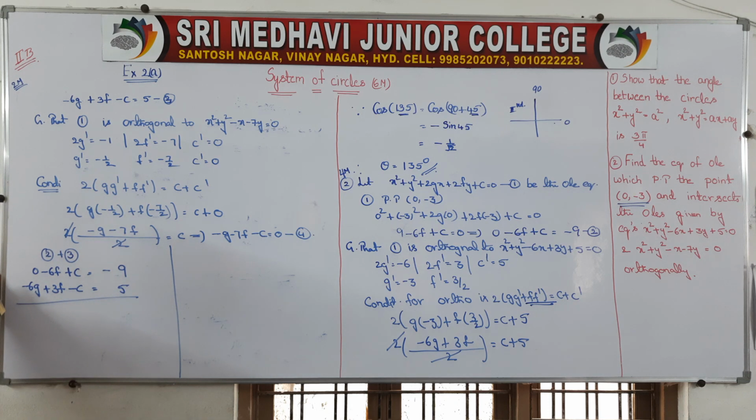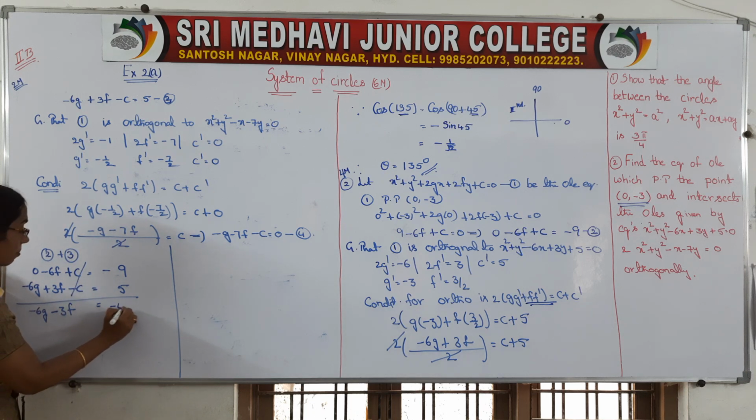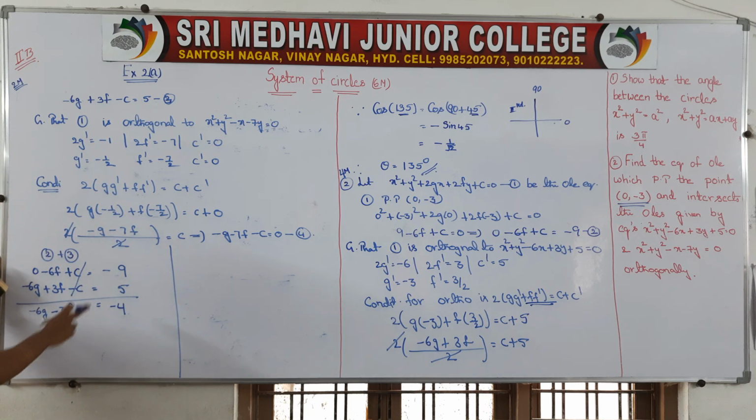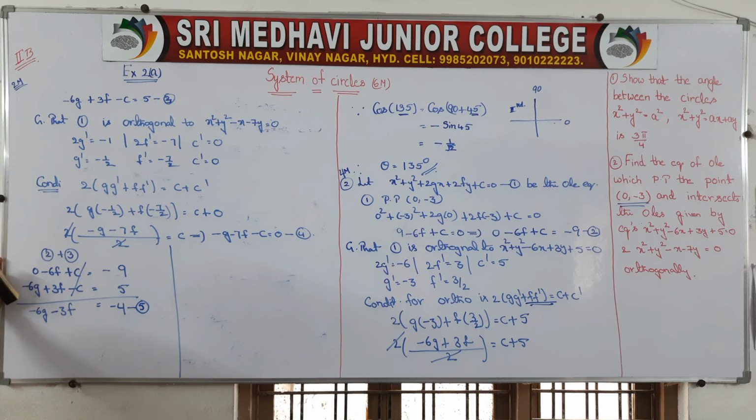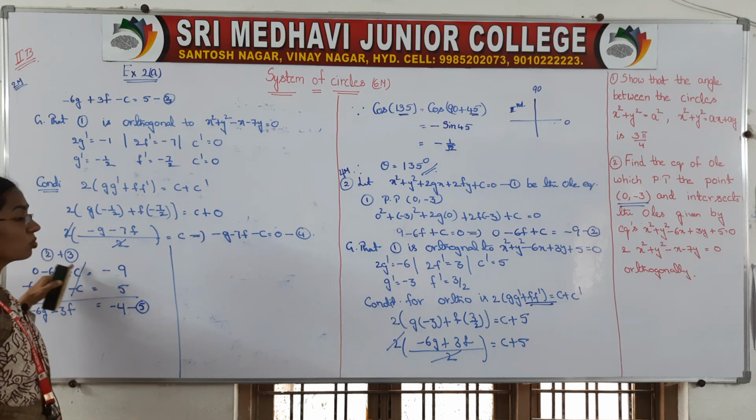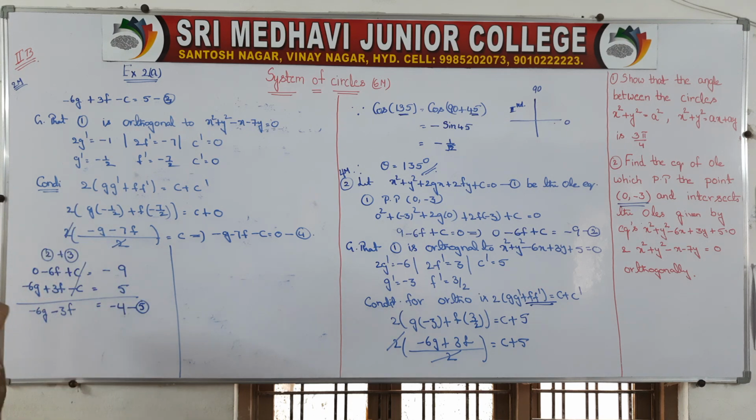So plus c and minus c cancel, minus 6g minus 3f is equal to, what is the value? This is minus 4. Minus 9 plus 5. You consider this as the 4th equation, you consider this as the 5th one.